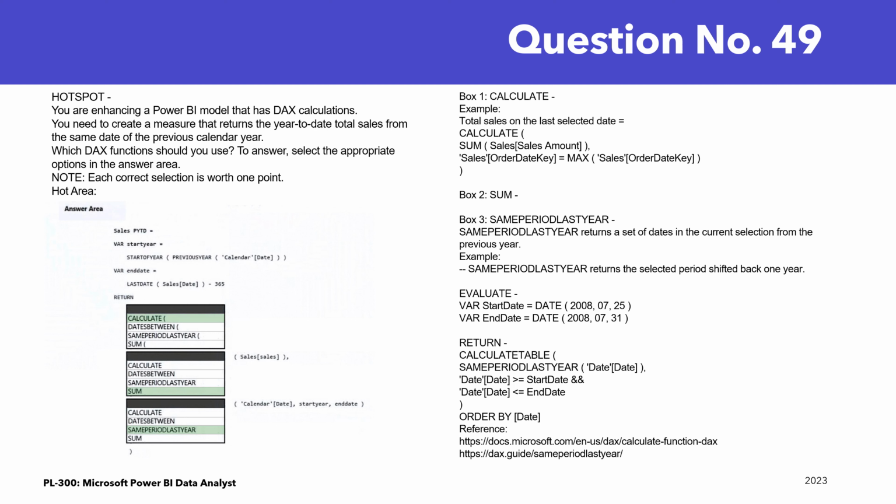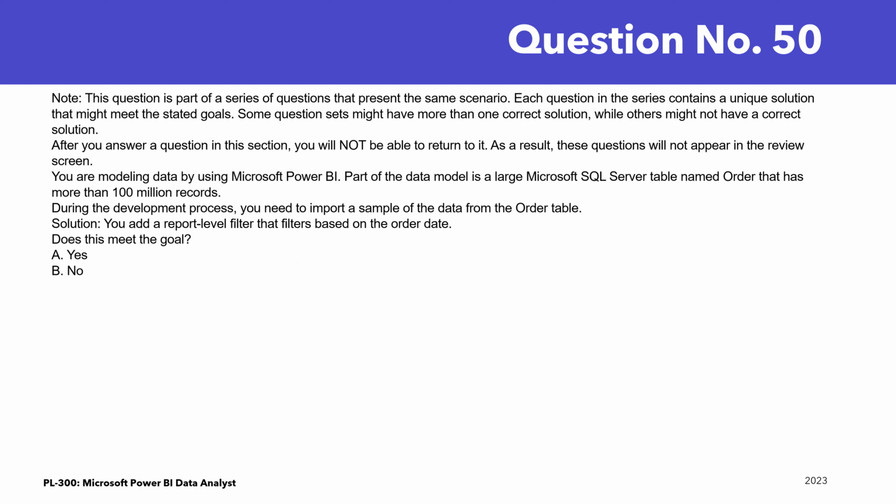Sales PYTD equals VAR start year equals STARTOFYEAR, PREVIOUSYEAR, calendar, DOTL, VAR end date equals LASTDATE, sales, date, 365, return calculate, sales, SUM, calendar, DOTL, start year, end date, SAMEPERIODLASTYEAR.